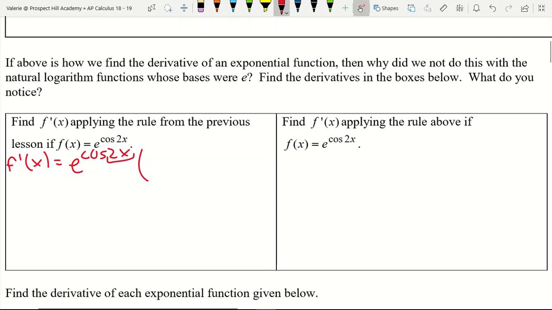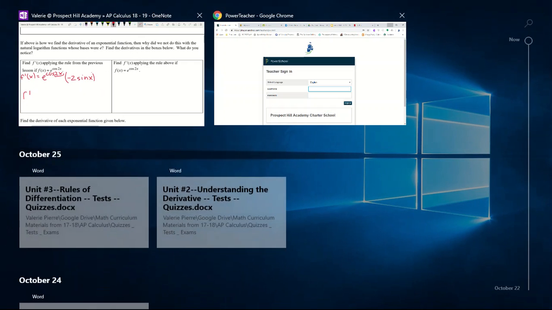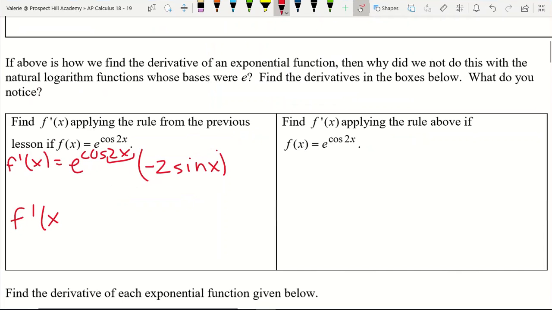We have the derivative of cosine, which is negative sine, times the derivative of 2x, which is 2, so we'll have negative 2 sine 2x. We can rewrite that: f prime of x equals negative 2 e to the cosine 2x times sine 2x.